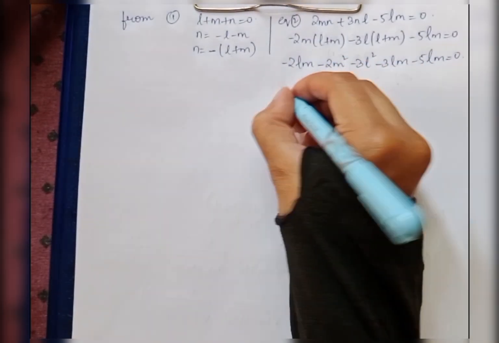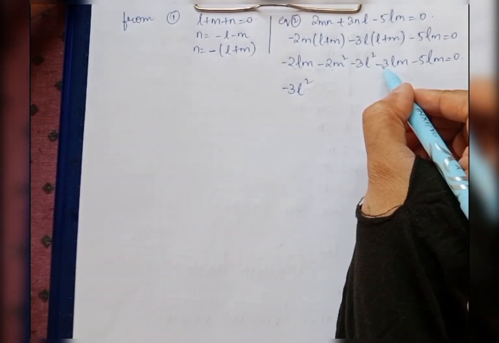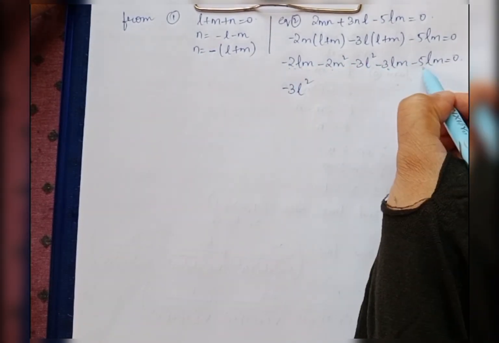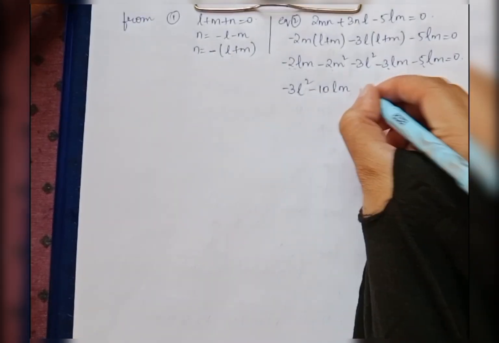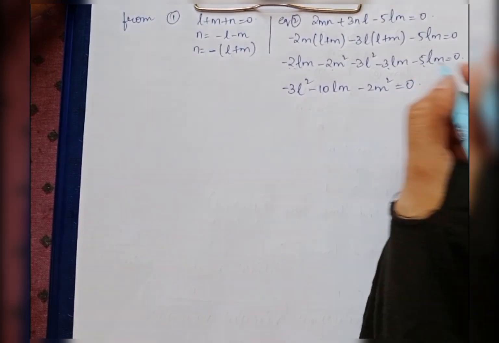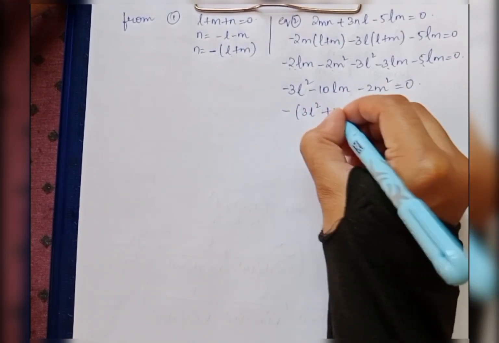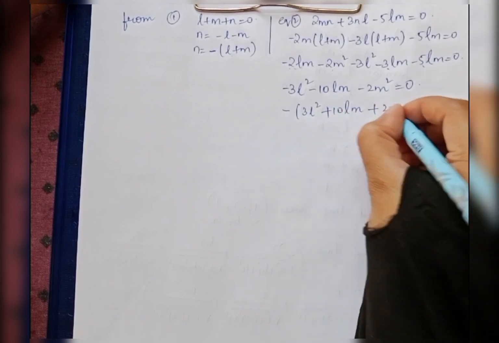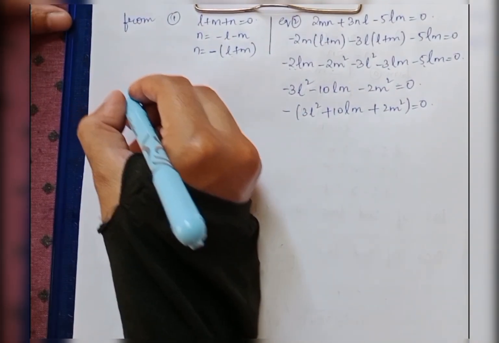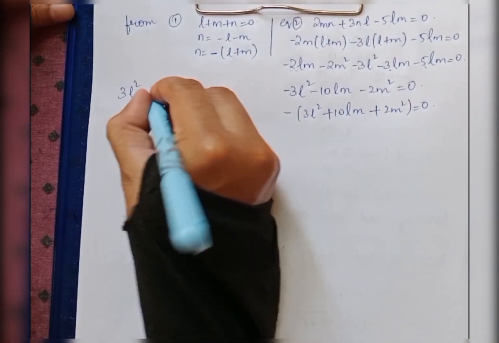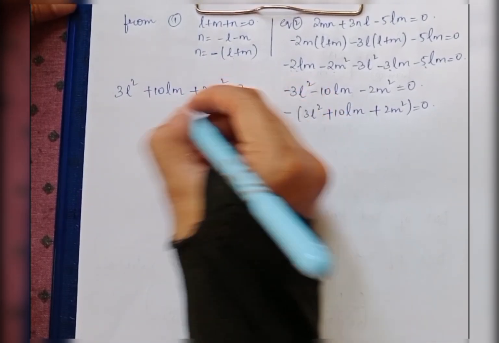So l square term first: it is minus 3l square. Then minus 2, minus 3, minus 5 will be minus 10lm, and this will be minus 2m square equals 0. Okay, taking negative common, we get 3l square plus 10lm plus 2m square equals 0.